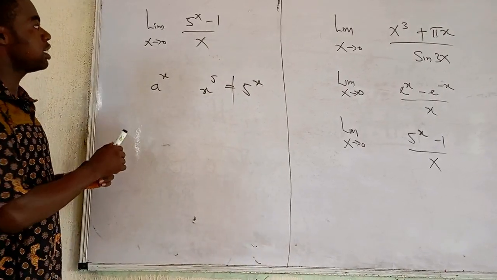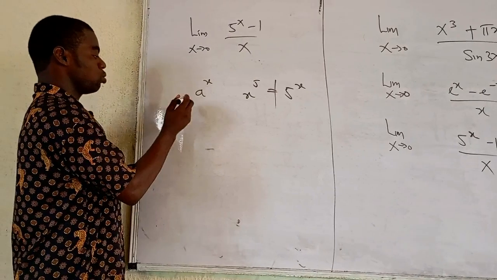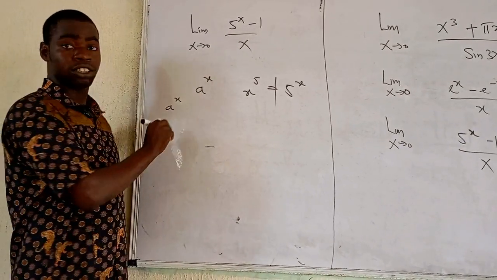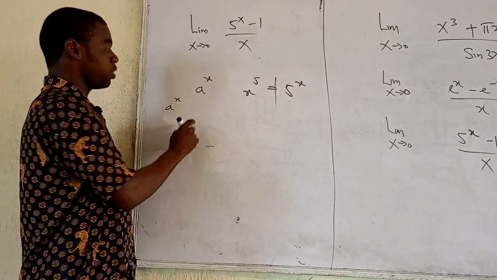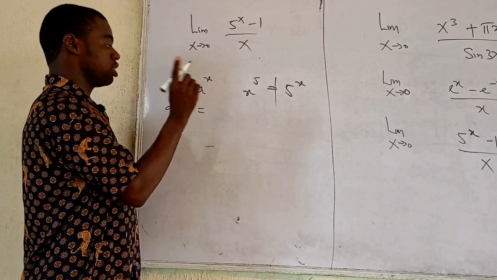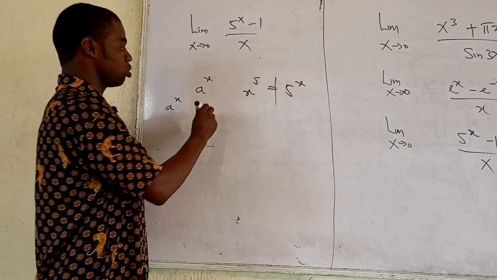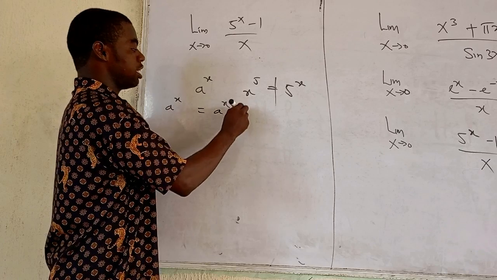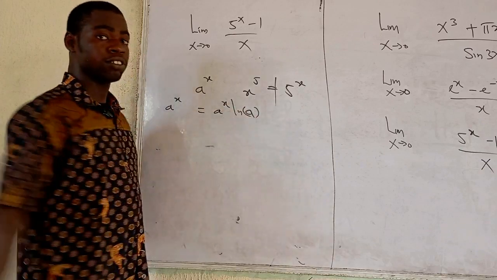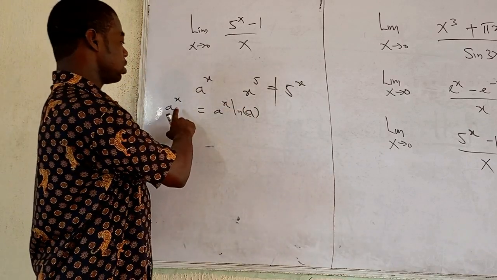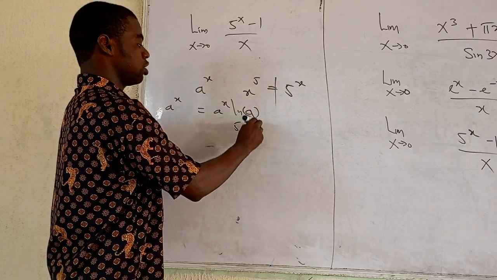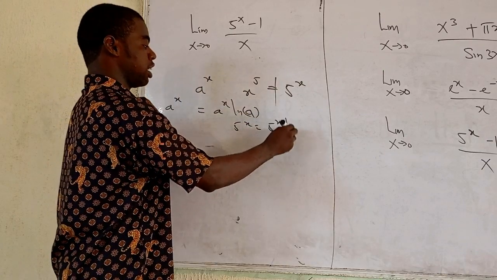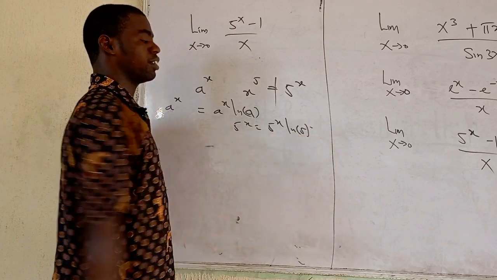Every time you want to differentiate a raised to the power of x, you get a raised to the power of x times ln of a. So for 5 raised to the power of x, you get 5 raised to the power of x ln 5.